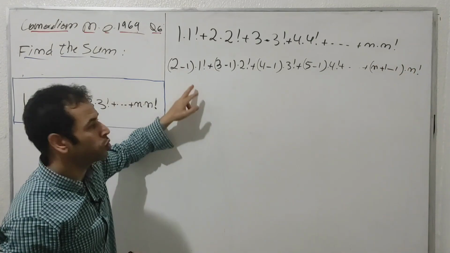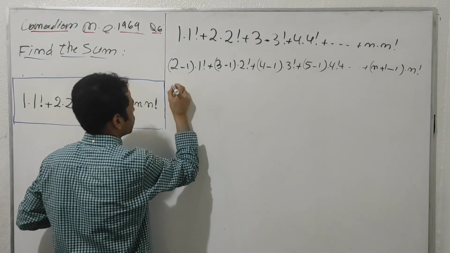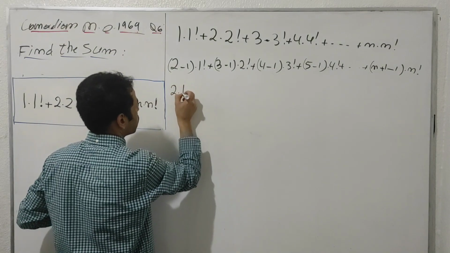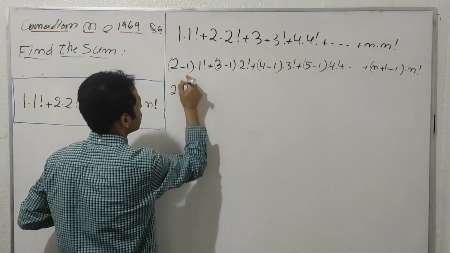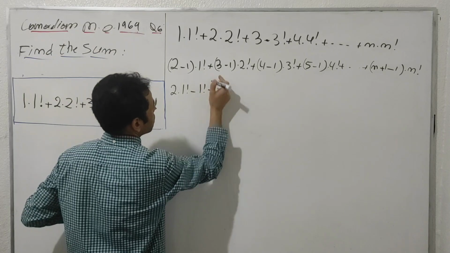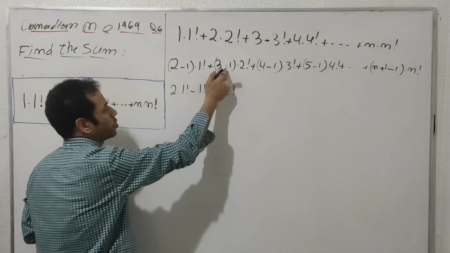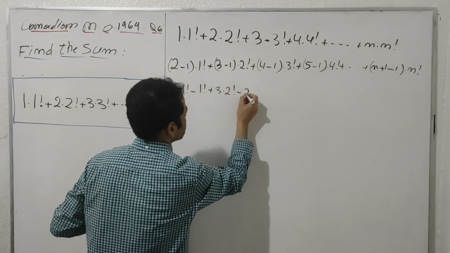Now I'm going to distribute each term. So 2 multiplied by 1 factorial minus the second term, which is 1 factorial, plus 3 multiplied by 2 factorial, by distributing the second term, minus 2 factorial.